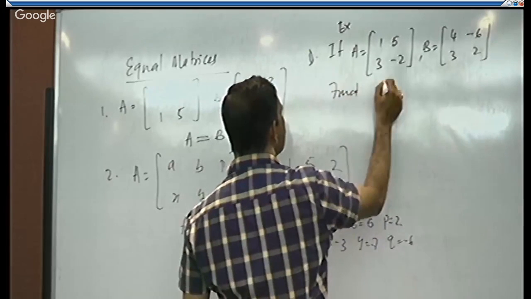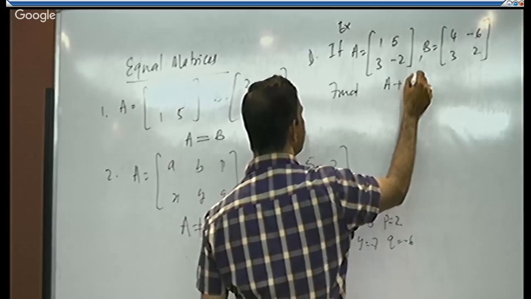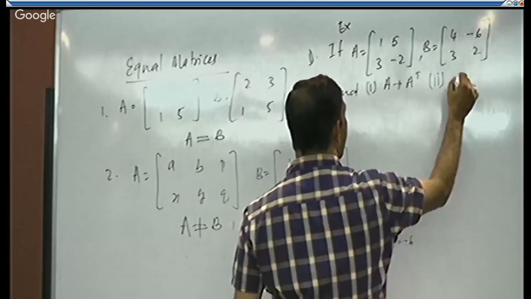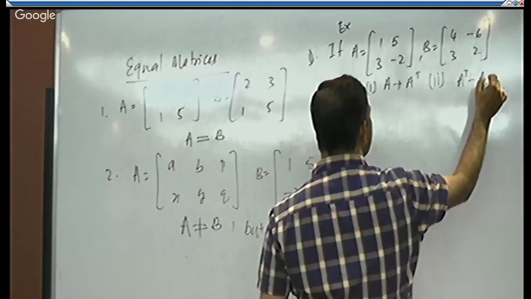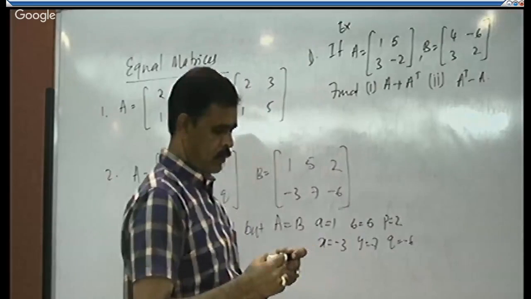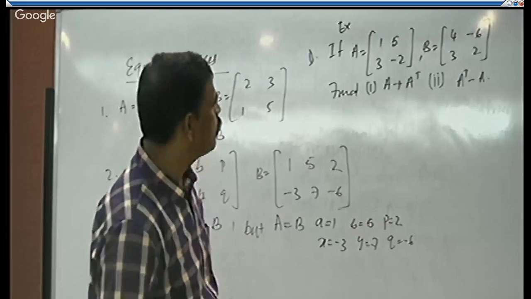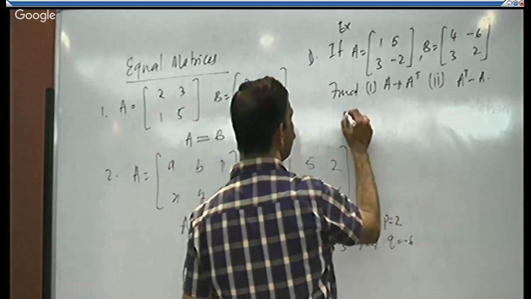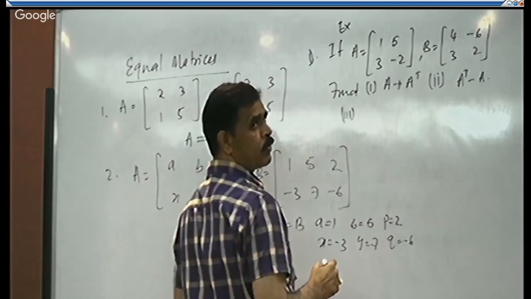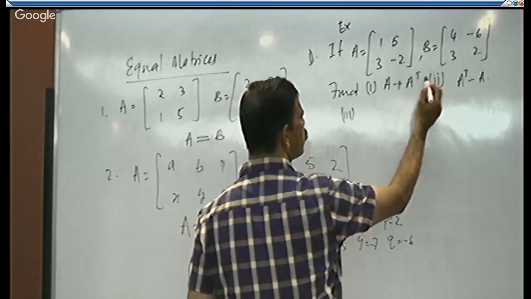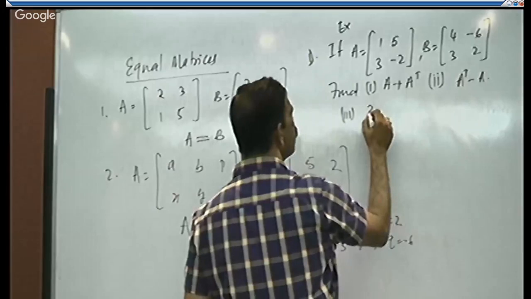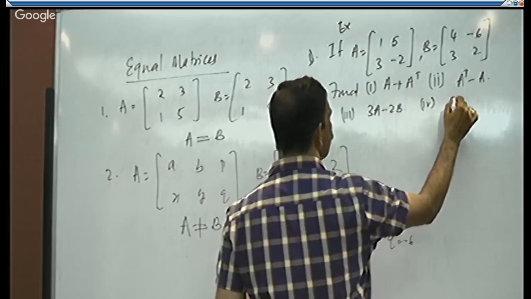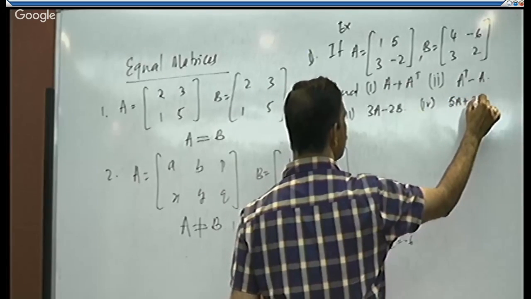Find, first, A plus A transpose. Second one, A transpose minus A. I have taken two matrices A and B. I need to find a few procedures: A plus A transpose, A transpose minus A, third 3A minus 2B, fourth one, 5A plus 3B.